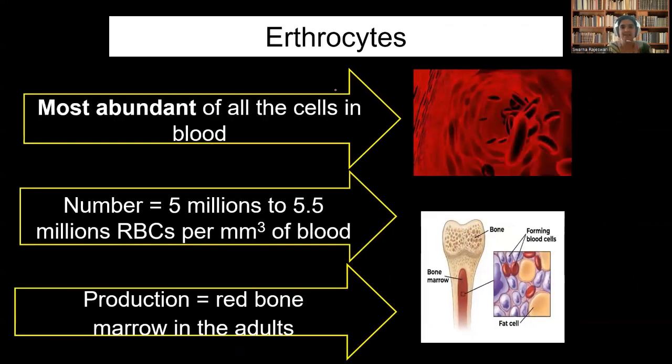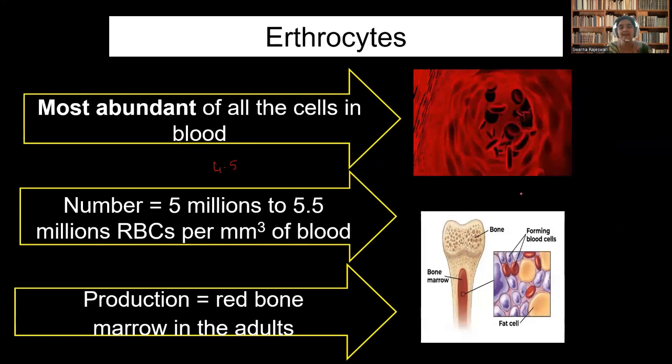When we see the RBC or erythrocytes, these are the most abundant cells present in our blood, and there are about 5 to 5.5 million RBCs per cubic mm of the blood in the case of a man, and in the case of a woman, it will be 4.5 million per cubic mm of the blood. Mainly, the RBCs will be produced in the red bone marrow in adults.